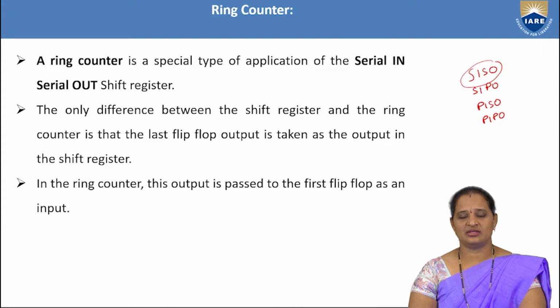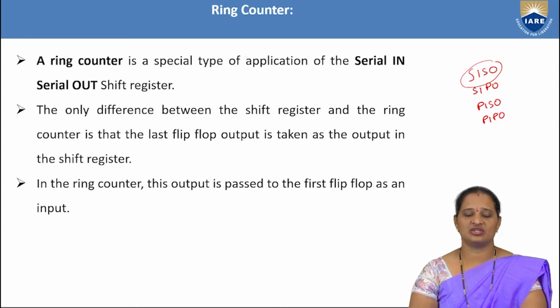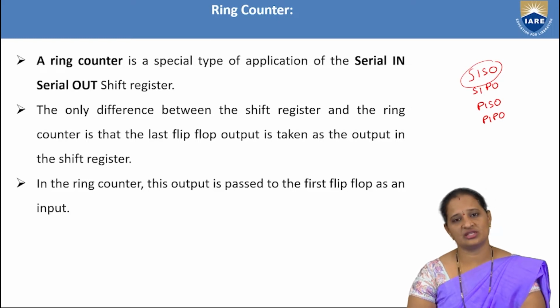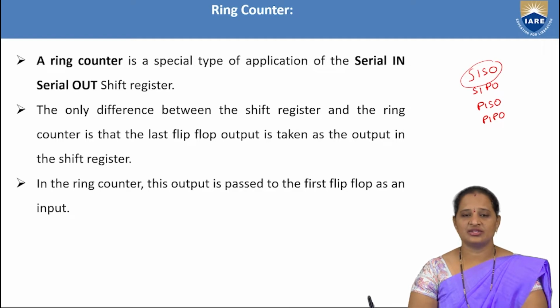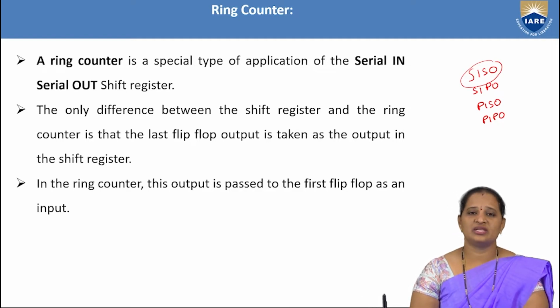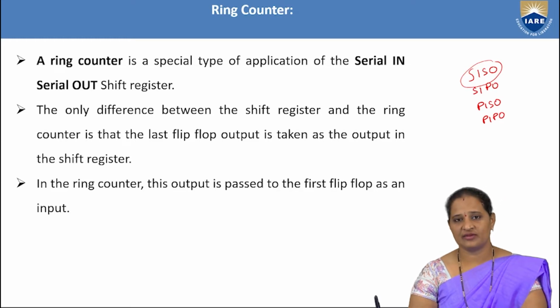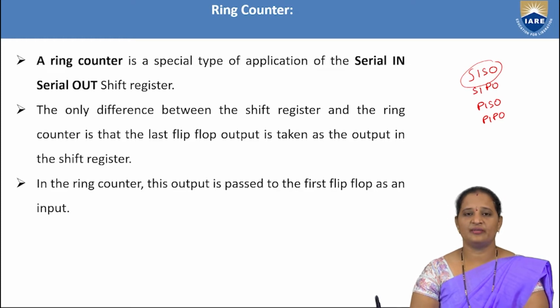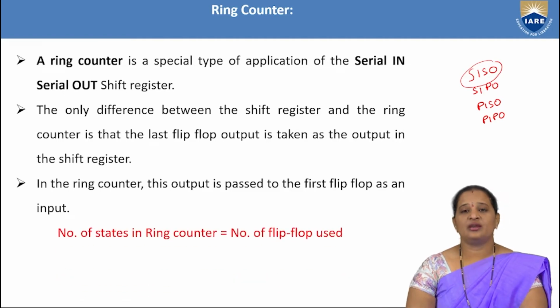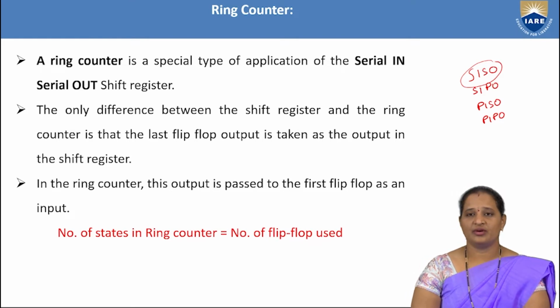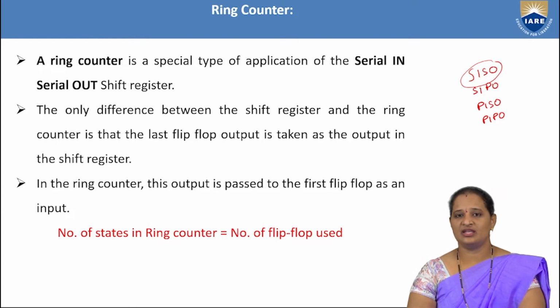Other than this, there is no structural difference between the shift register in serial in, serial out mode and the ring counter. The only difference is that in the shift register the output is taken from the last flip-flop, whereas in the ring counter the output is fed back to the input of the first flip-flop.